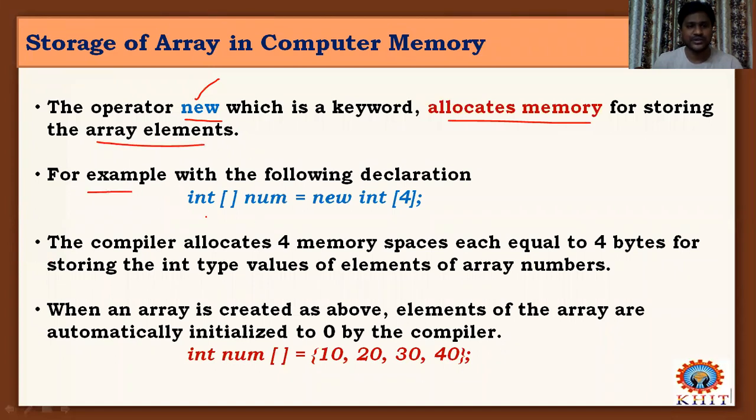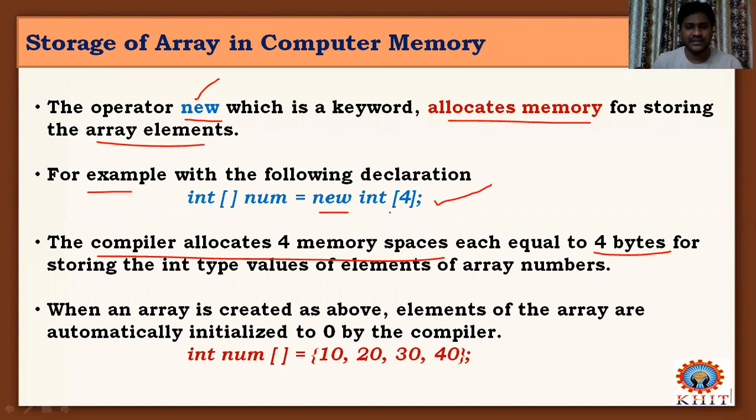Example, now we already saw this type of declaration of an array and allocating memory using the new operator. And here the compiler allocates 4 memory spaces, each equal to 4 bytes. Why?